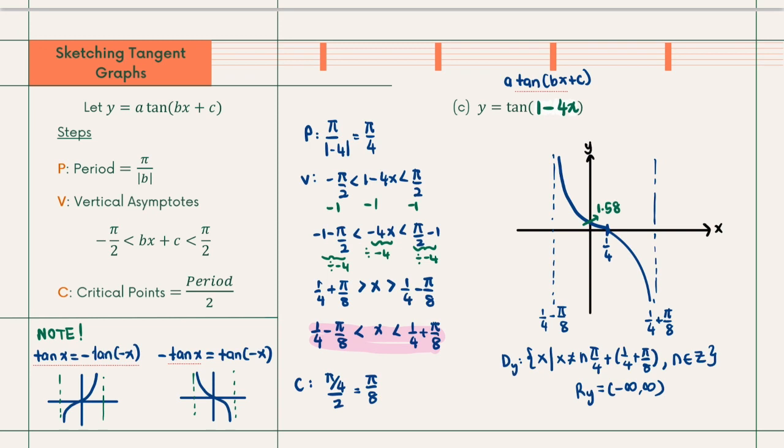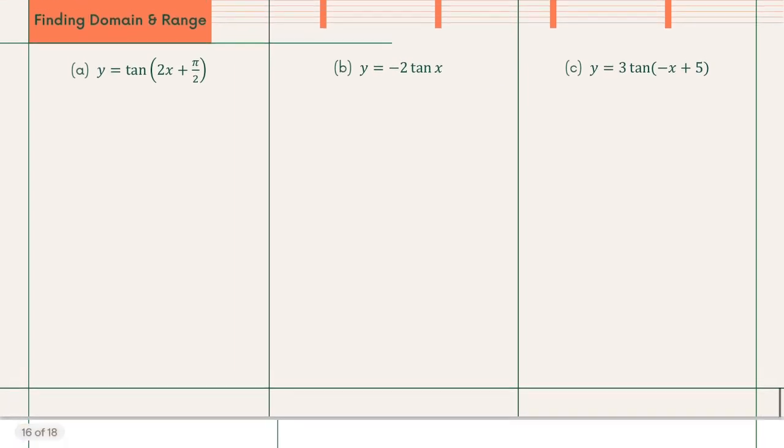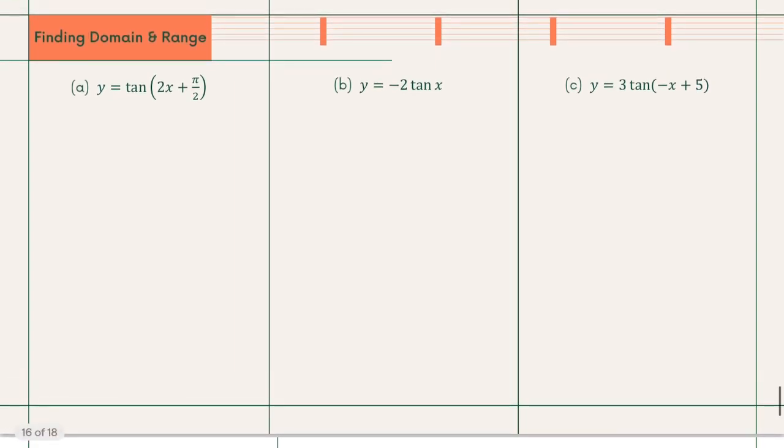Okay, now kita akhiri video ini dengan mencari jawapan kepada domain dan range without sketching our functions. Okay, so domain kita perlukan period dan juga vertical asymptote. So, untuk ketiga-tiga soalan ini, saya akan start dengan cari kita punya period. So, period adalah pi over modulus of b, so pi over 2.